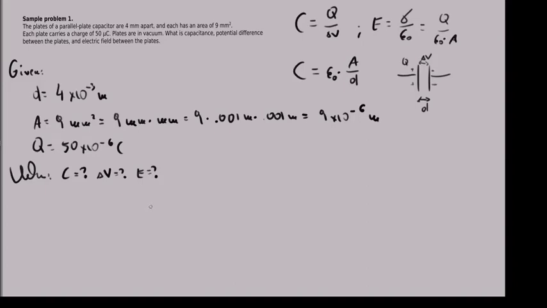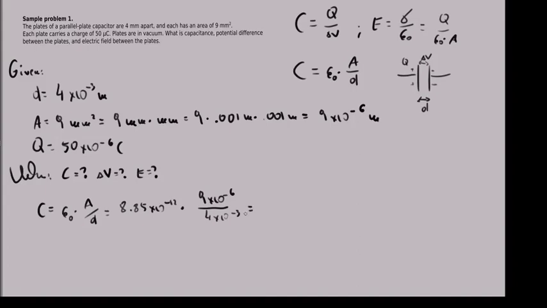All right, well, what do I have? What do I not have? I can calculate capacitance. Let's start with that. So C equals epsilon naught times A over D. Epsilon naught is just a constant, 8.85 times 10 to the negative 12 times the area, which is 9 times 10 to the negative 6th, divided by the distance, which is 4 times 10 to the negative third, equals.